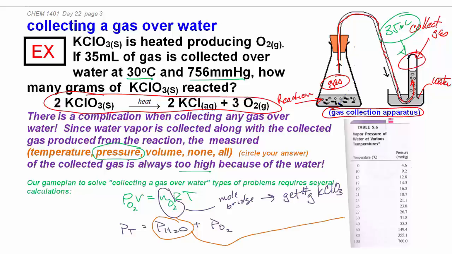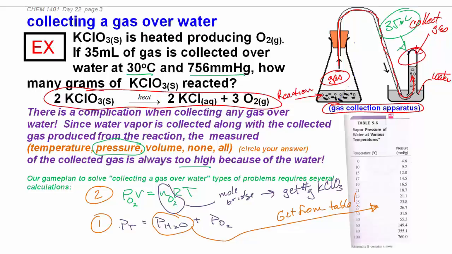We're going to get it from a table. So that's really what we're going to do first. We're going to find the pressure due to the oxygen and then use the ideal gas law to find the number of moles of oxygen and convert that into grams of whatever we're interested in.